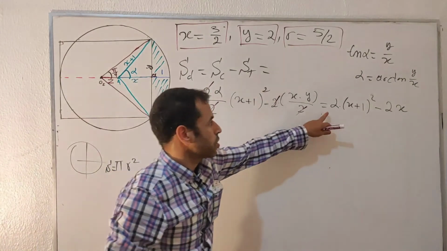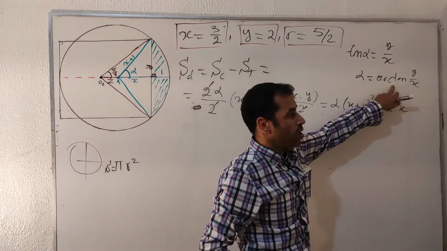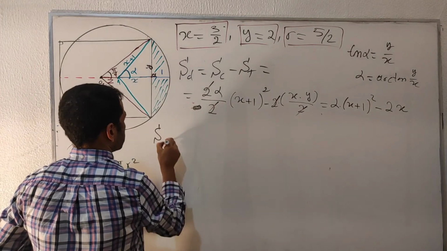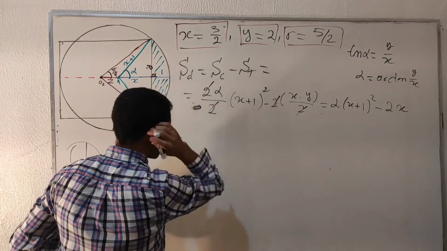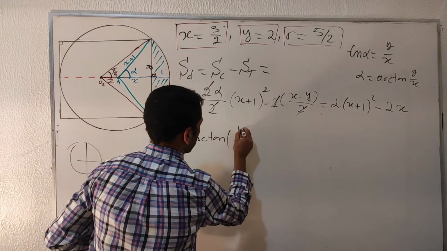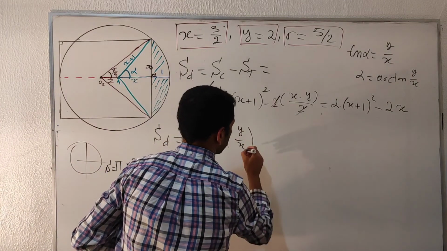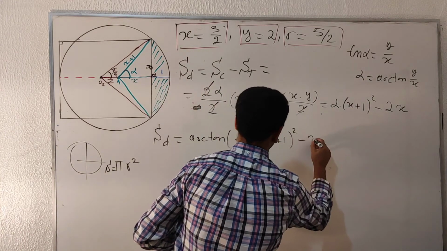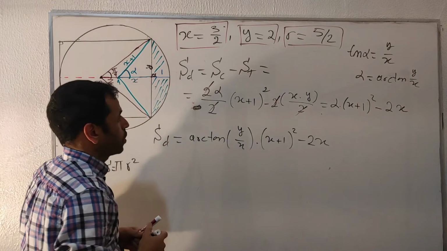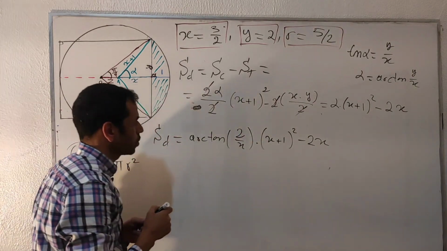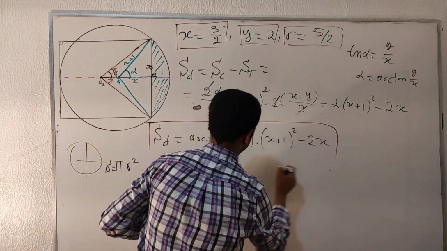Then replacing this alpha with this term, I get SD equals alpha, which is arc tangent of y over x, multiplied by (x plus 1) squared, minus 2x. Then replacing y with 2 as well here, and with this expression.